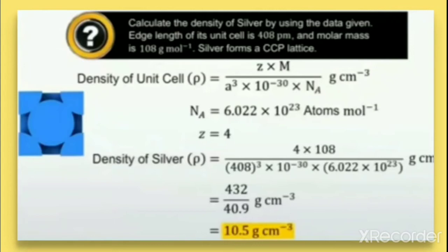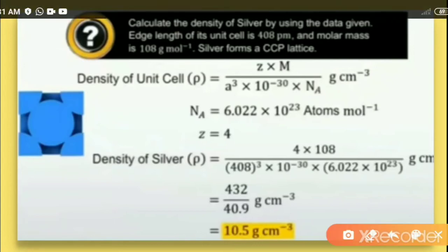The question is to calculate the density of silver. So let us write the formula for the density of the unit cell, that is ZM divided by A cube into Na. Here 10 raised to minus 30 is taken for converting the picometer into centimeter.